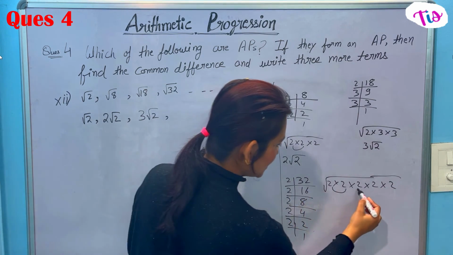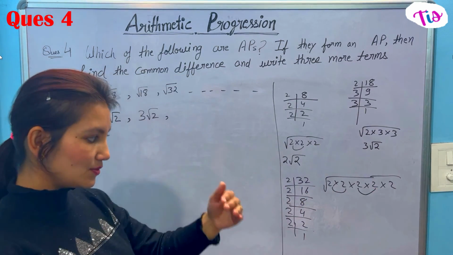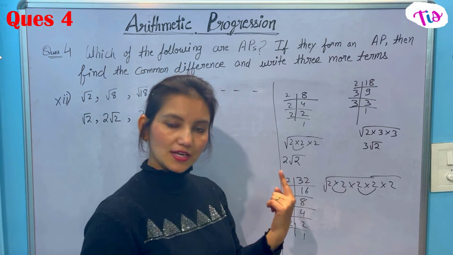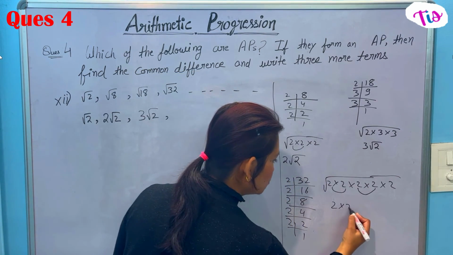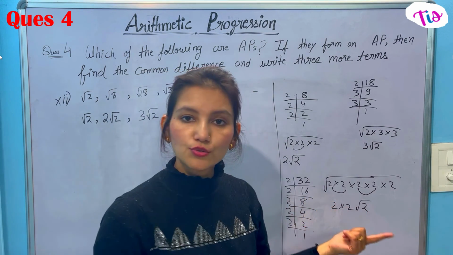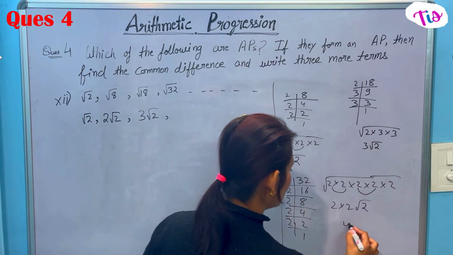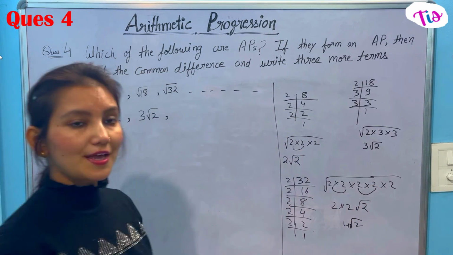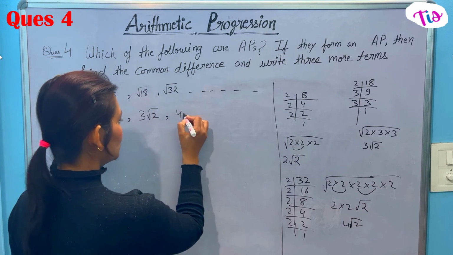Now again, 2 makes a pair, 2 makes a pair, and the pairs will come outside. So 2 into 2 will come outside and we will be left with just 2 inside the root. Now 2 into 2 is 4. So root 32 can be written as 4 root 2.